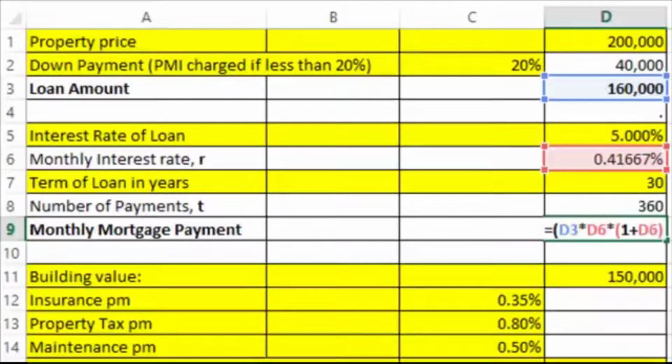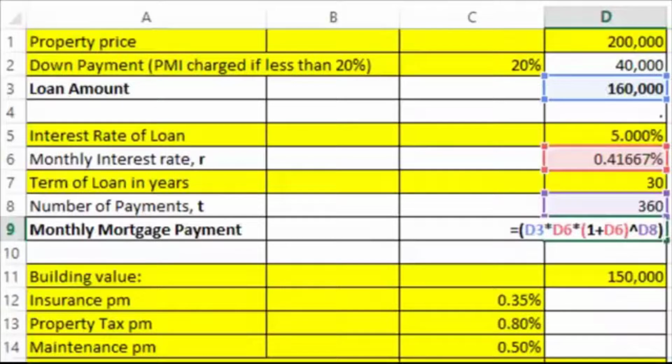There's a little hat above your 6 key. If you hit shift and then hit 6 on your top row of numbers, it should give you a little hat sign for the exponent, and then D8, and then close parentheses for the top of the fraction.